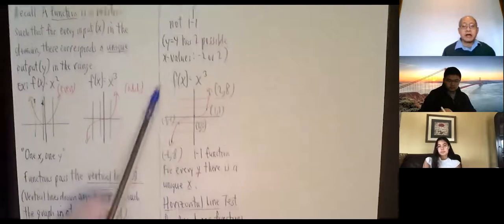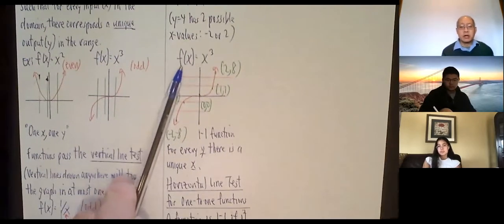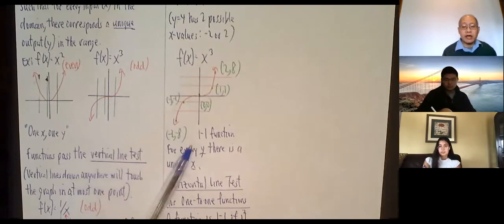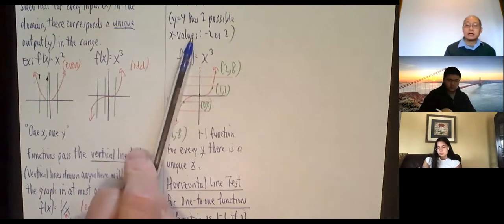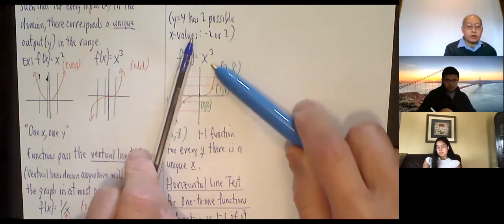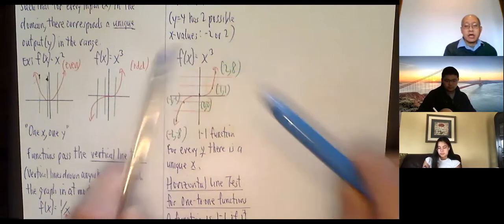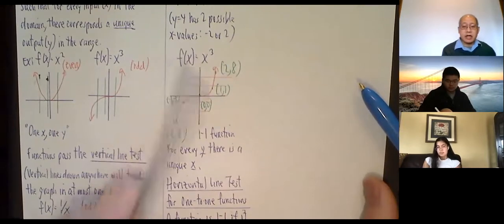On the other hand, f of x equals x cubed, I claim that is a one-to-one function, because for any y value, there's only going to be a unique x. Suppose I said y equals 8. If y equals 8, x can only be 2. There's no other number it can be. You say, where's y? Well, f of x is equal to y.